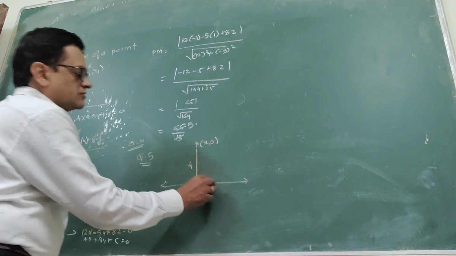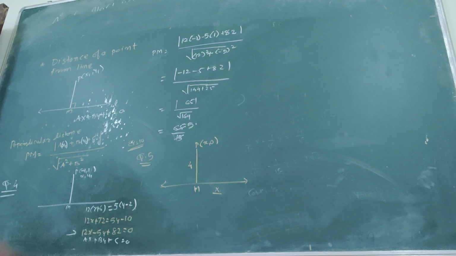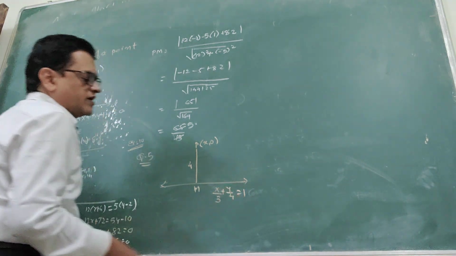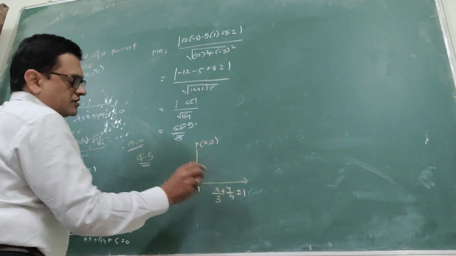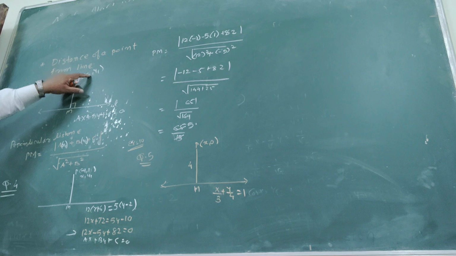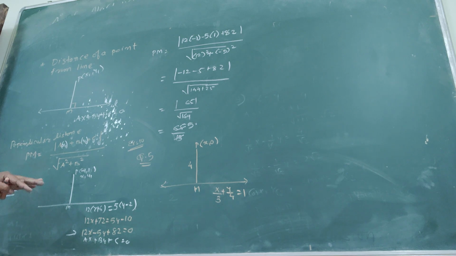Now, our line is x by 3 plus y by 4 is equal to 1. See, earlier the point was given and the line was given, and we had to find the distance. We will follow the same method.